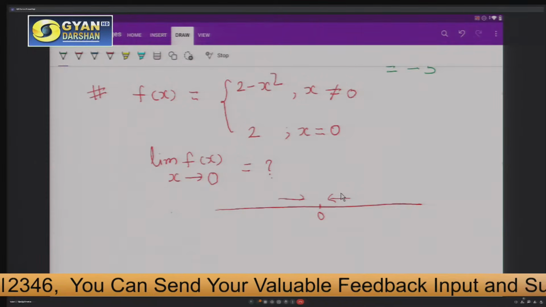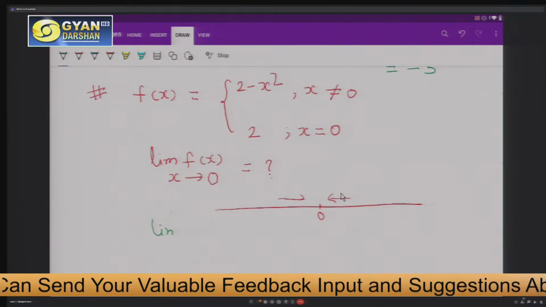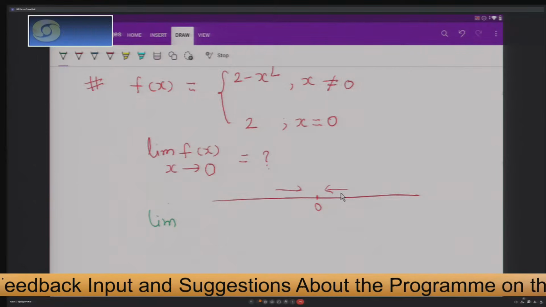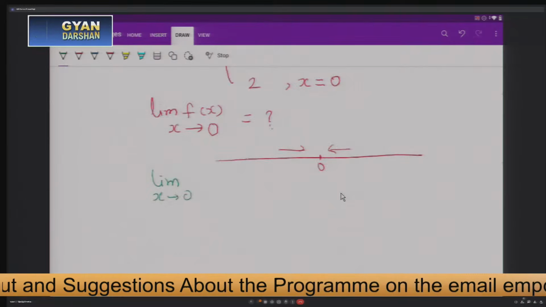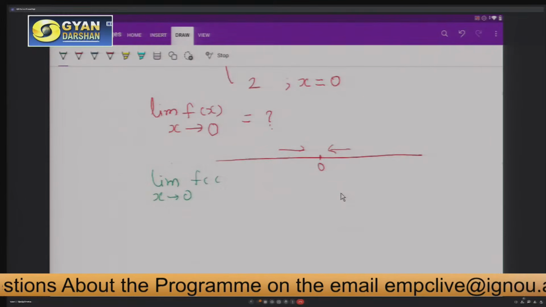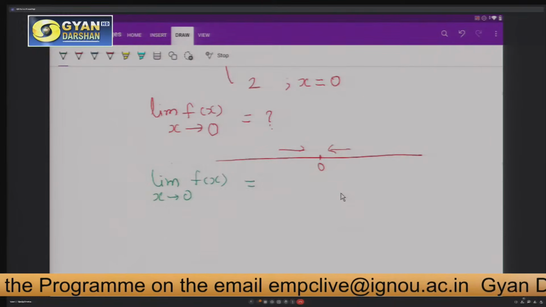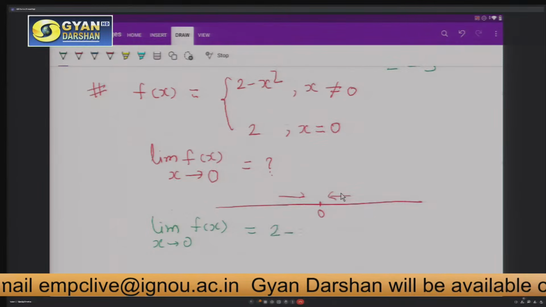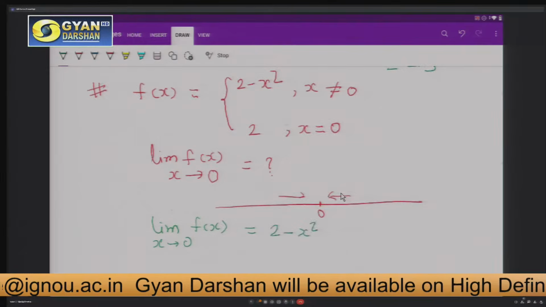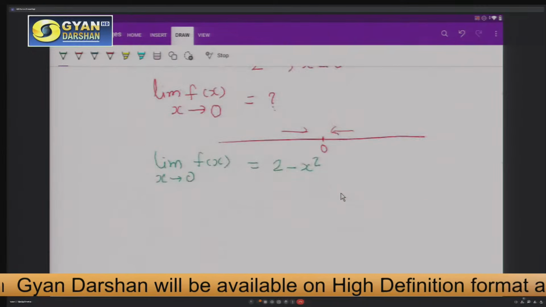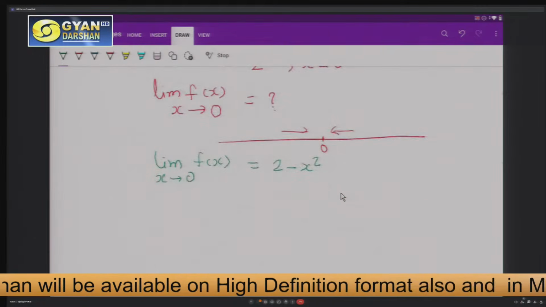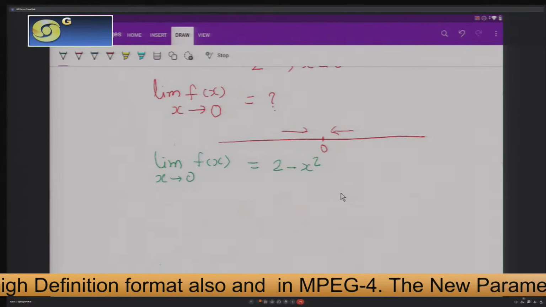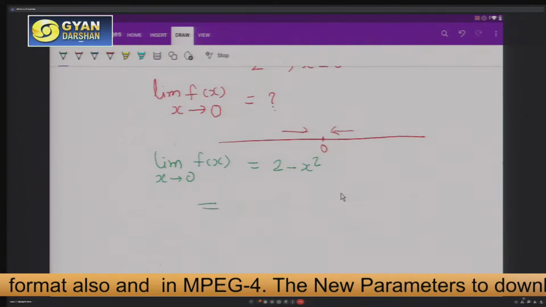So in this case, limit when x tends to 0, f(x) will be equal to 2 minus x square. Because it is not equal to 0, it is near to 0, either from this side or this side. So its value will be equal to 2.